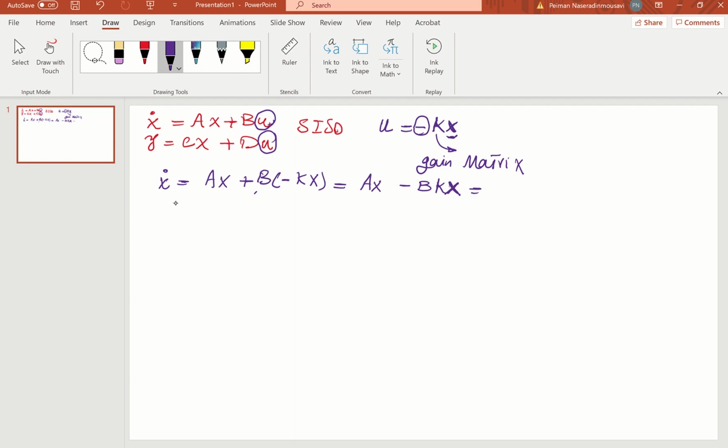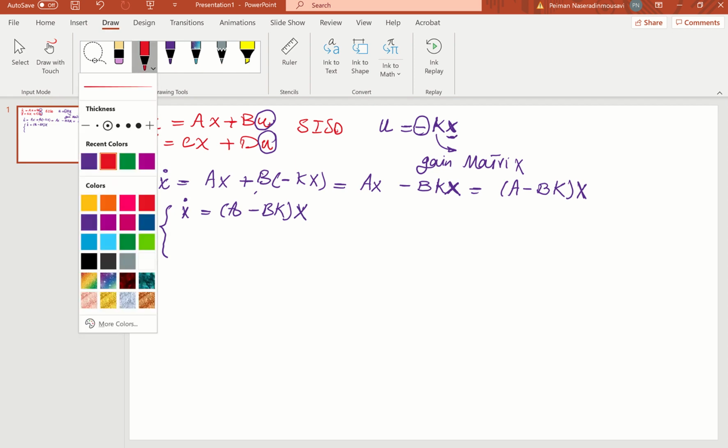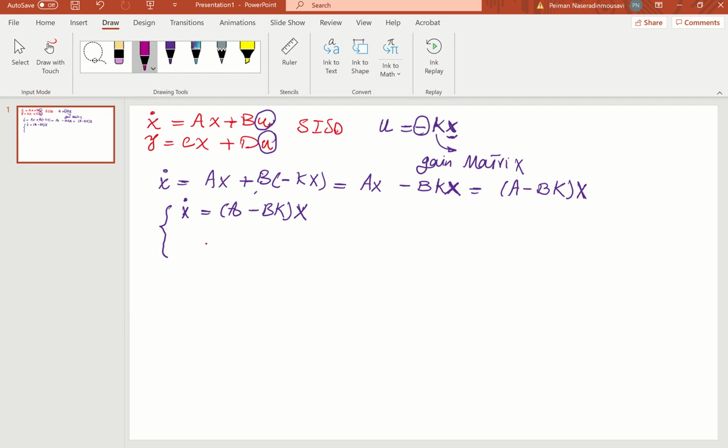So easily this is A minus BK x. Bingo. So by applying the input to the system, x dot is equal to A minus BK in x.